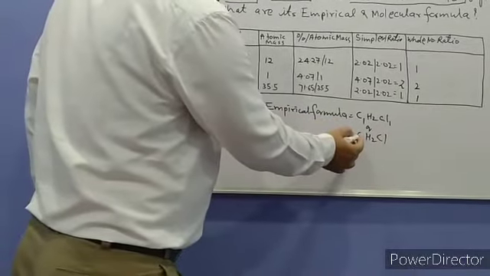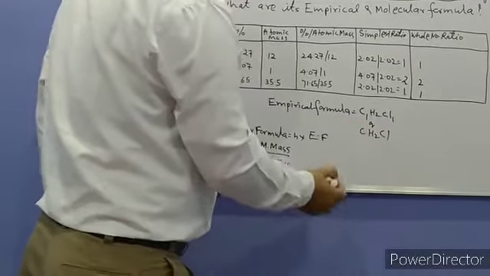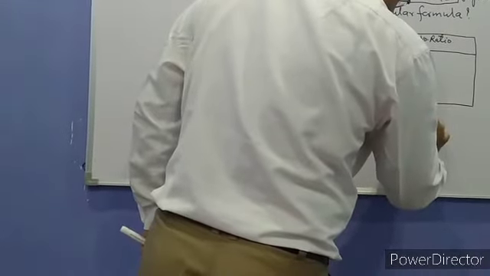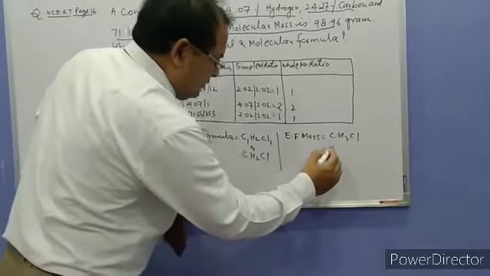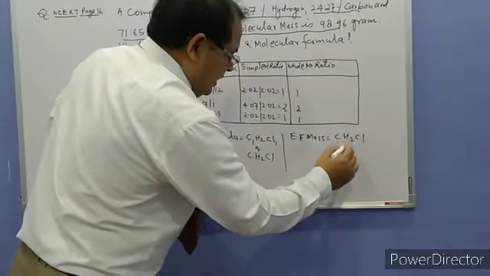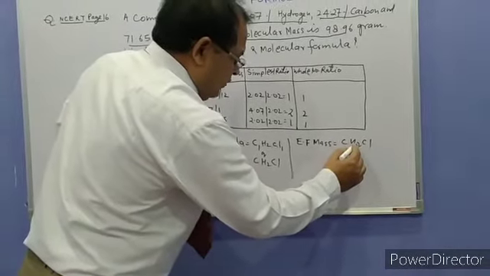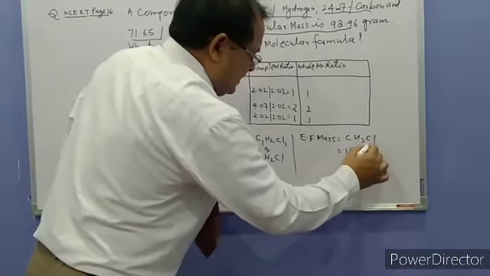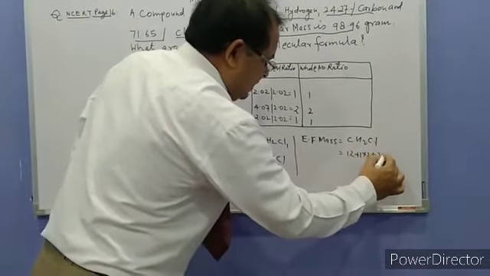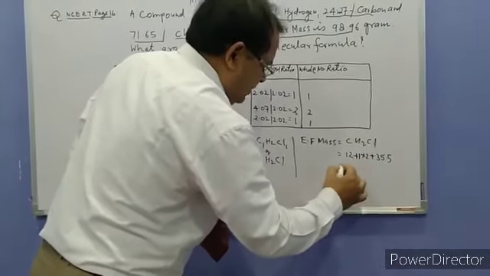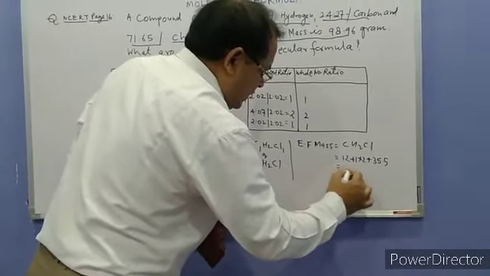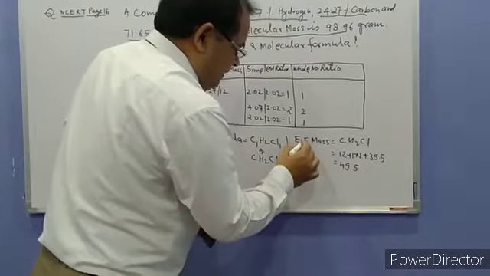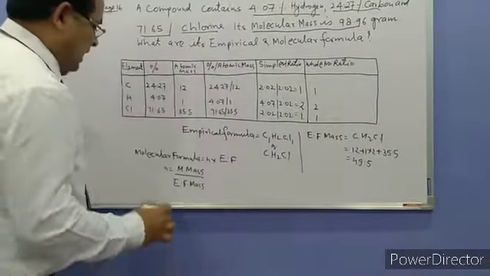The empirical formula is CH2Cl, so we have to find the empirical formula mass: 12 plus atomic mass of hydrogen 1 into 2, plus atomic mass of Cl 35.5, the sum total is 49.5. This is the empirical formula mass.